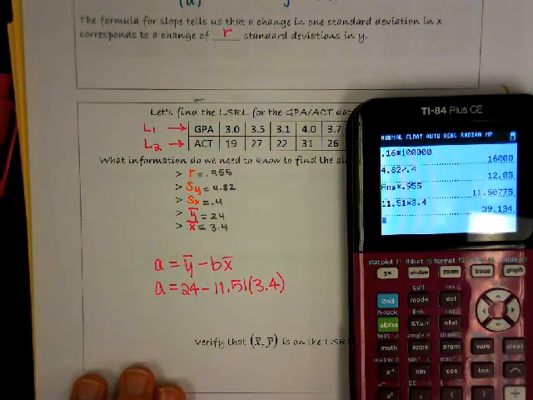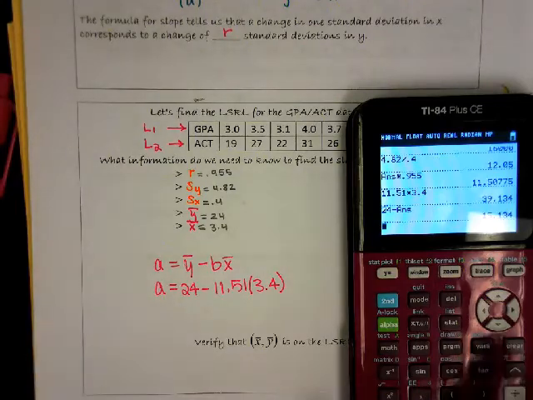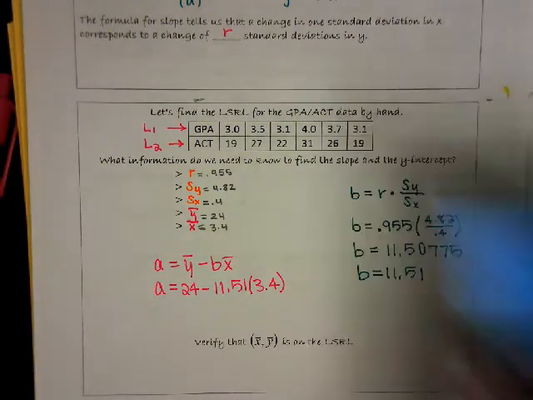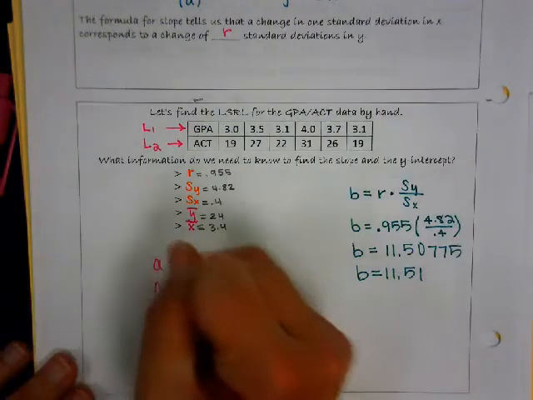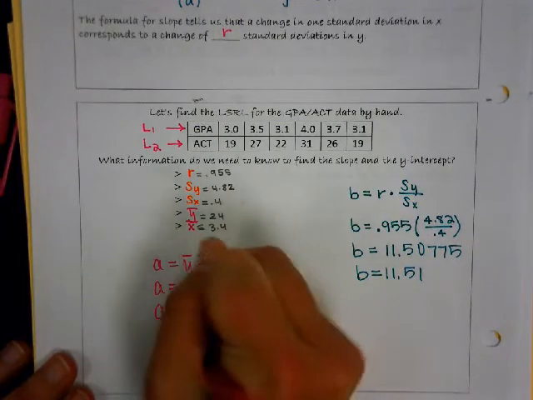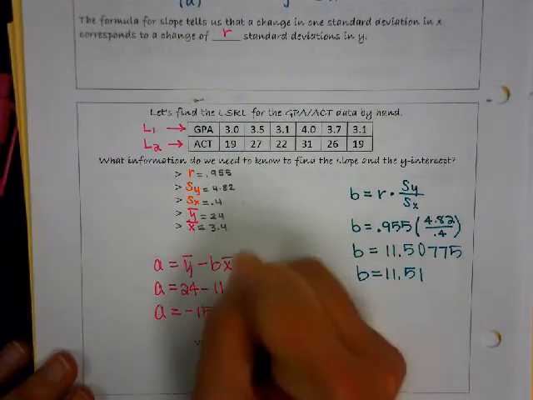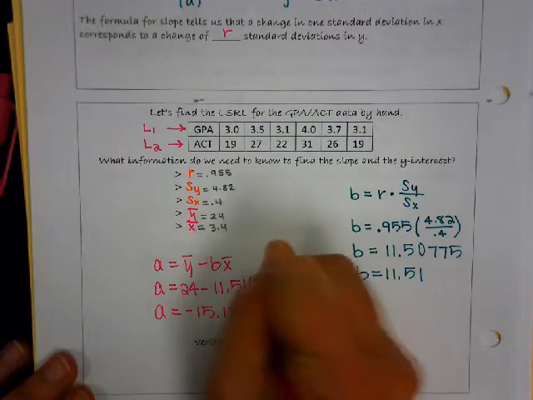So I get negative 15.134. So again, I'm just going to go to 2, so negative 15.13.